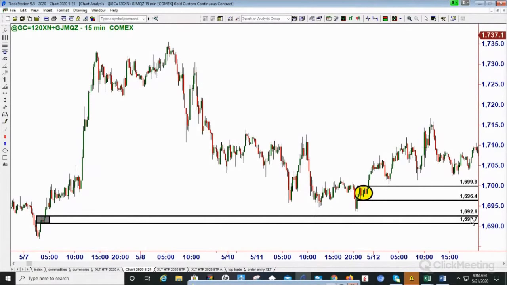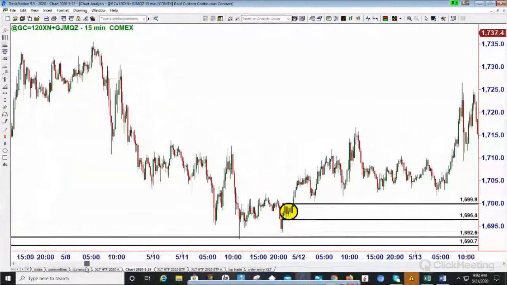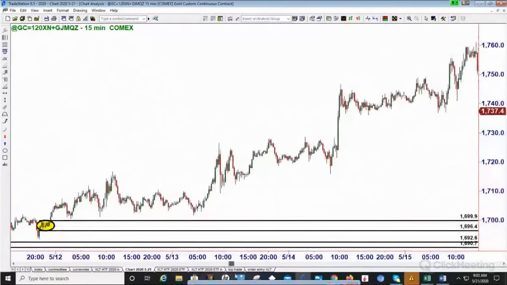So that lower zone that was touched one time is coming in at 1692.60, 1690.70. This area on the 15, after we started to break out, we created a little bit of a base, started to move out, couldn't quite get back to there, then continued to move out. And so that's a little bit higher zone than that previously tested area.